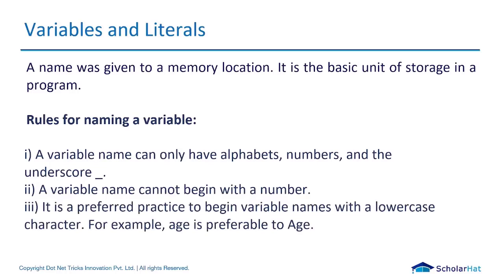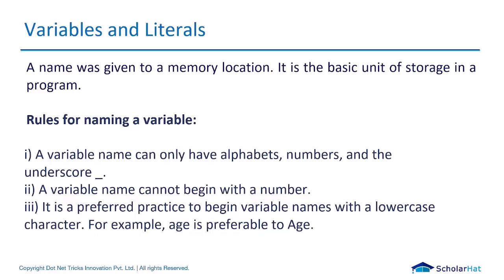Suppose we are taking a variable name that is age, starting with small case is preferable to a capital letter. We also follow the camel case convention. Camel case convention means we start the first letter with a small letter, and after that whatever words come, we write them with capital letters.